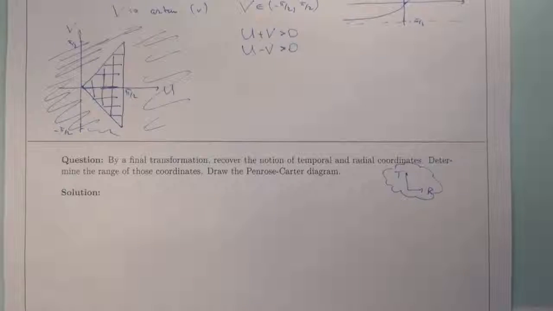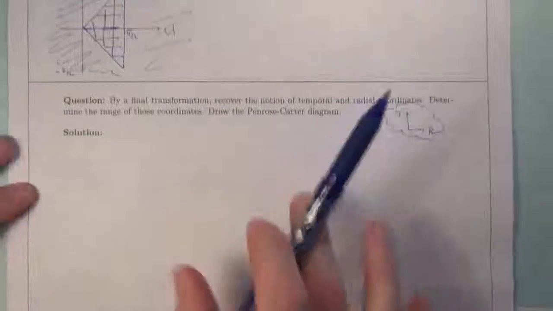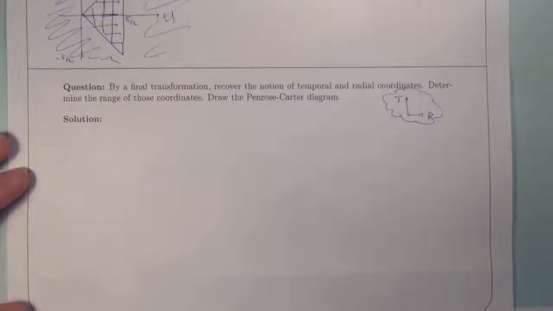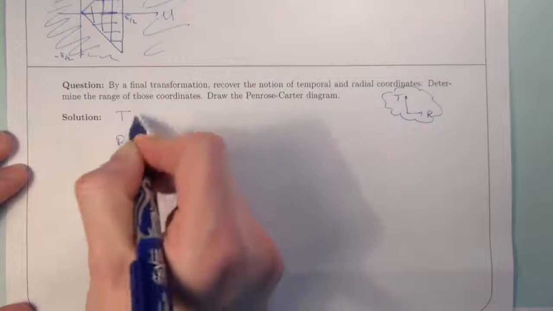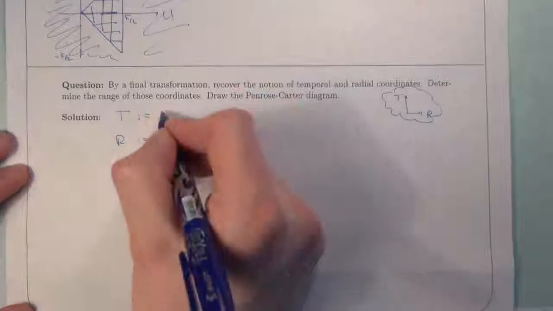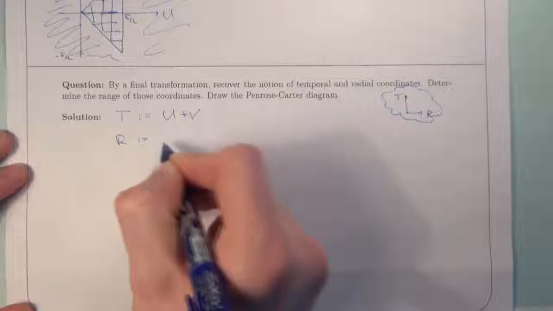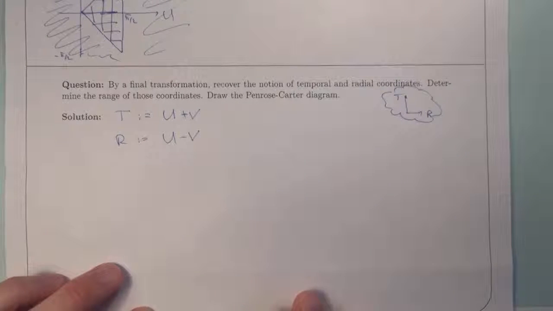Okay, and the final transformation basically undoes these up here, but of course with the bounded new coordinates capital U and capital V. So we define r and t, where t is now u plus v and r is now u minus v. Okay?